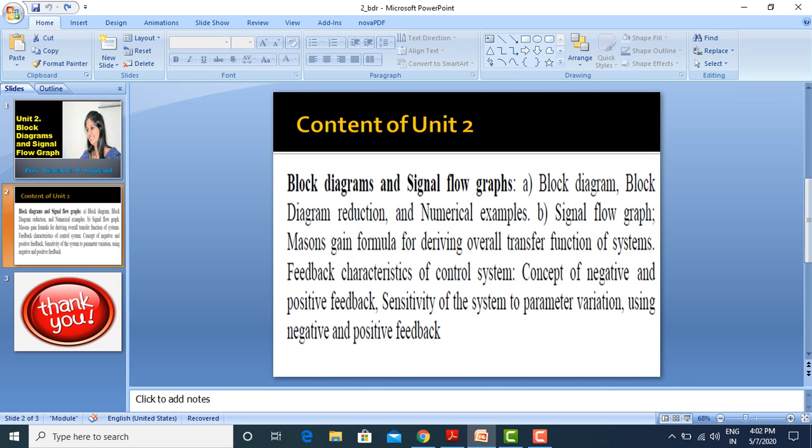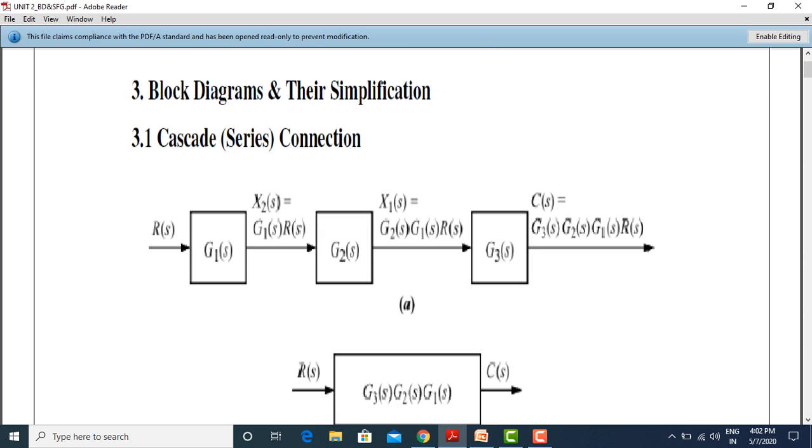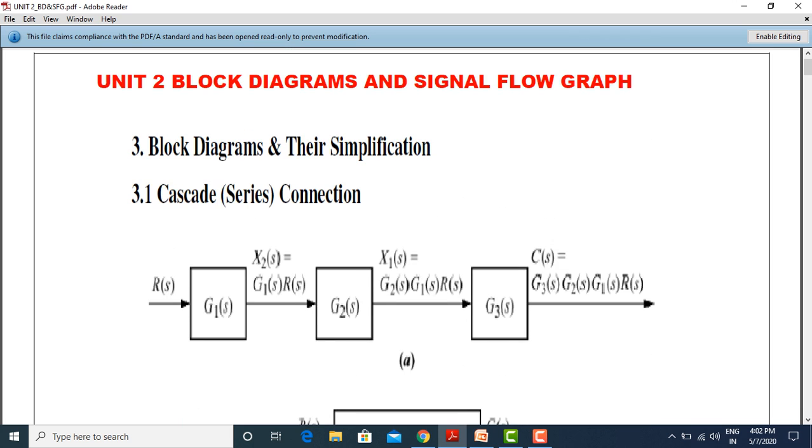Let's discuss block diagram. Here we can see block diagrams and their simplifications.